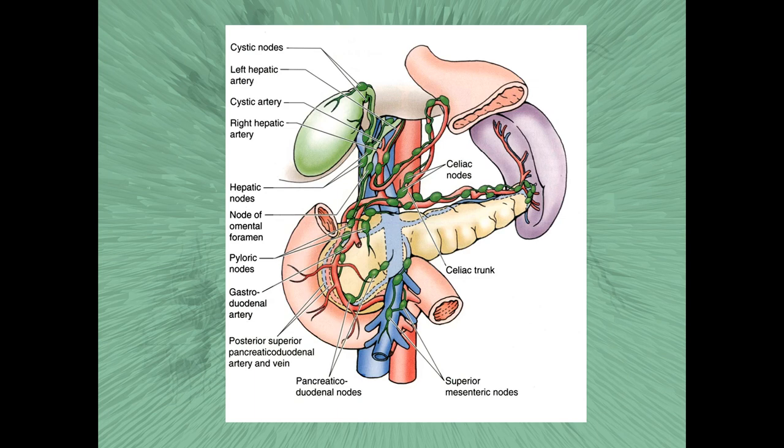By the way, this splenic artery also gives off pancreatic branches to the pancreas. Then, from the mentioned groups of lymphatic nodes to the celiac lymphatic nodes, and also superior mesenteric lymph nodes, then to the intestinal trunk, and finally to the thoracic duct.